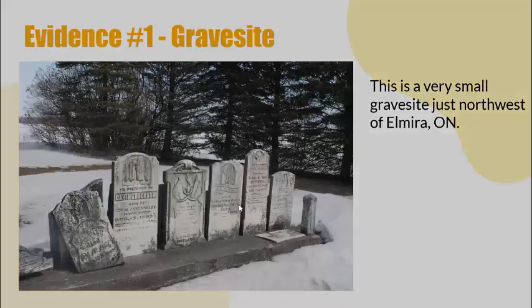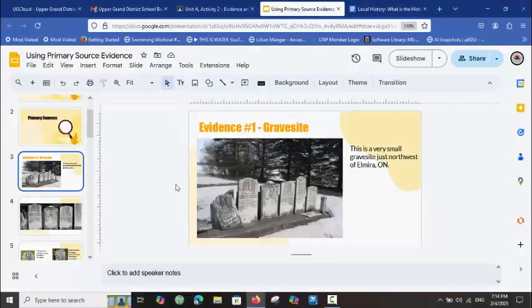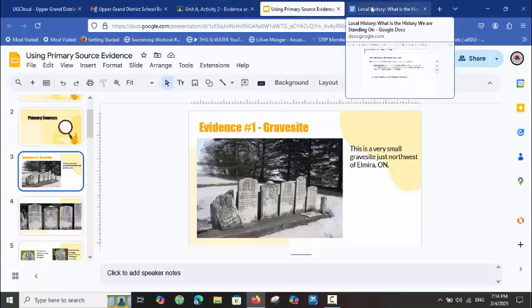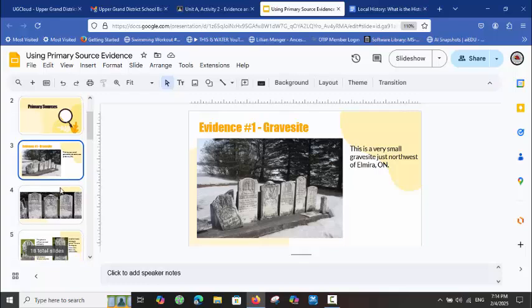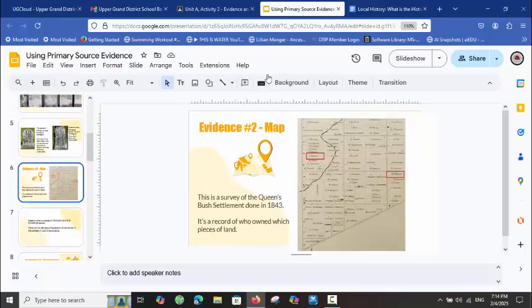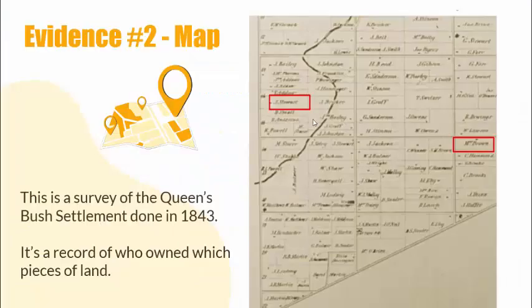Now the conclusion you could make based upon this, and looking at evidence number 2, which is a list of landowners in the area: from the gravestones there were 2 names you could also notice. One is Stewart and one is Brown. So the conclusion that you can draw is that this is the same settlement.